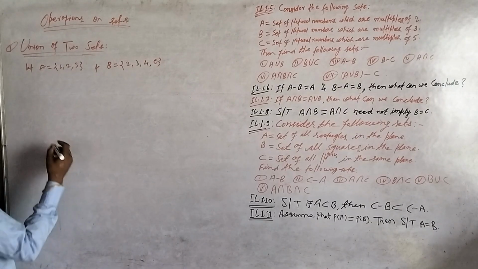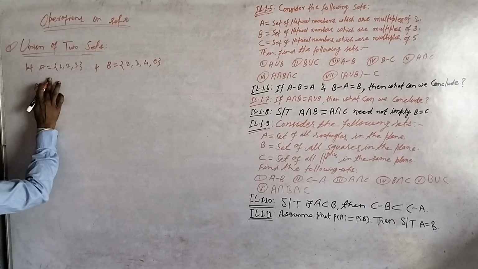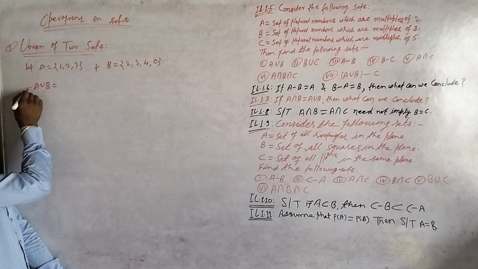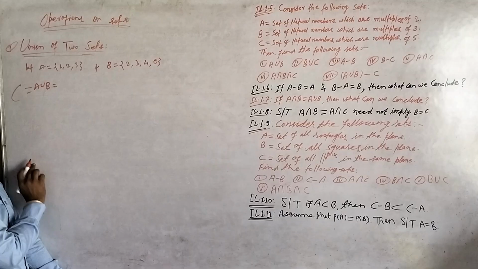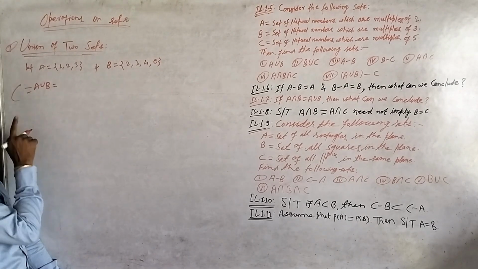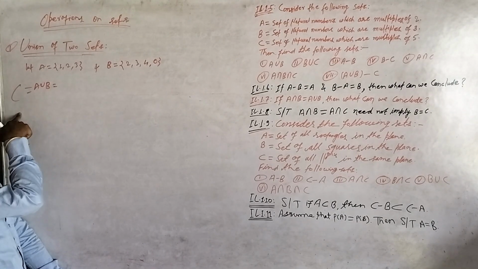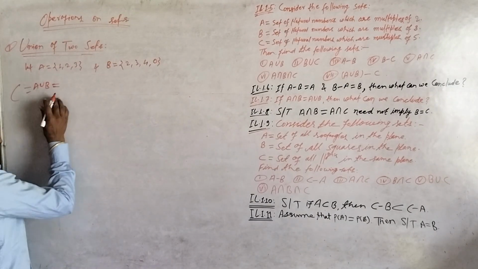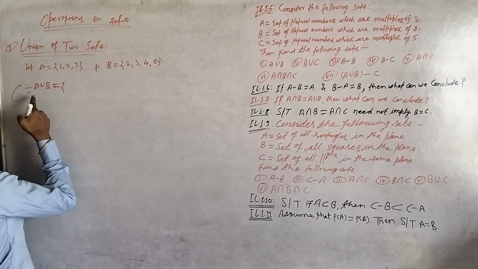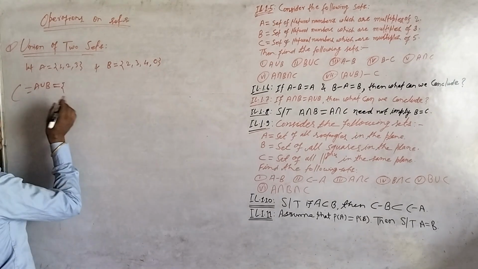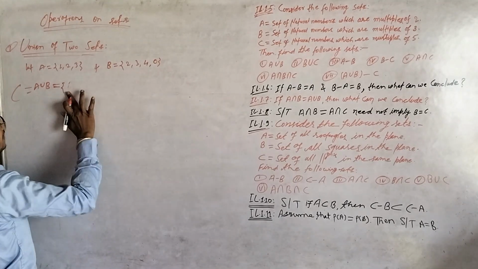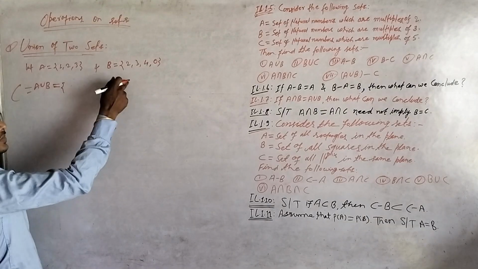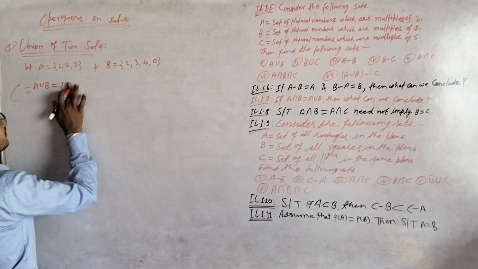A union B is a new set, suppose C. We treat A union B as a set that contains all those elements that are in A or B, only once.